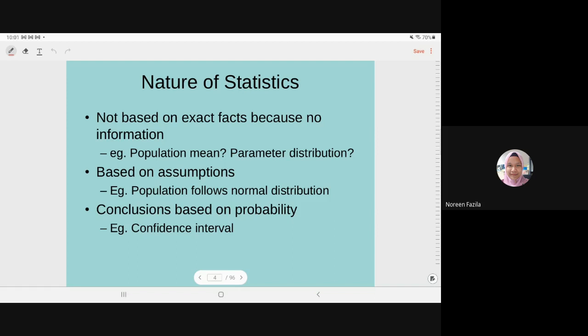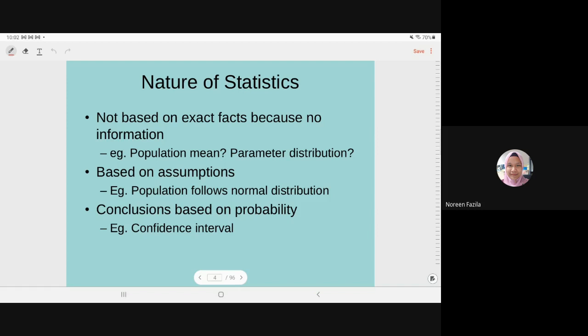So can we measure the population mean? The answer is no, because there are so many pisang nipah that it is not possible for us to measure each and every individual of the pisang nipah population.